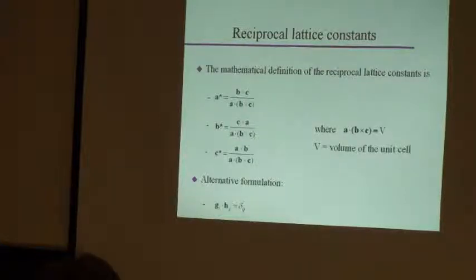Here's the mathematical definition of your reciprocal lattice constants. Notice, now they are vectors. On the previous slide, we got the direction by drawing these normals and going along the normals, okay? If we don't draw something, we need to give the direction, so we work with vectors.